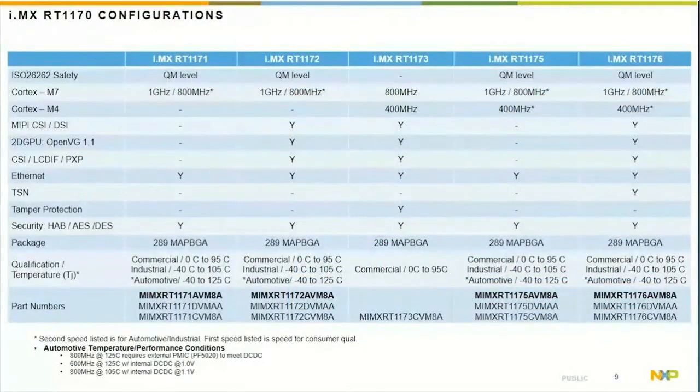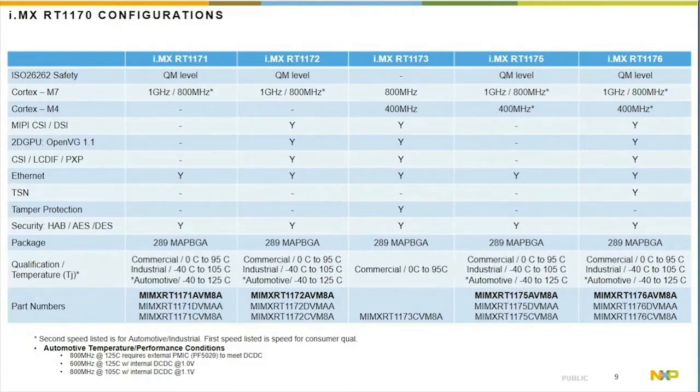So on this RT1170 table, you can see that we offer 4 different versions of the RT1170 for automotive, and that is the 1171, the 1172, the 1175, and the 1176.